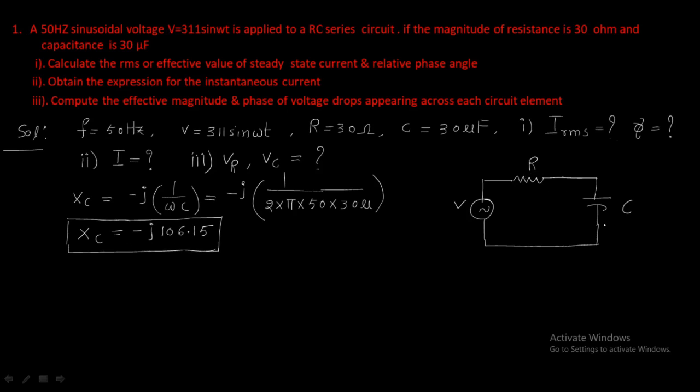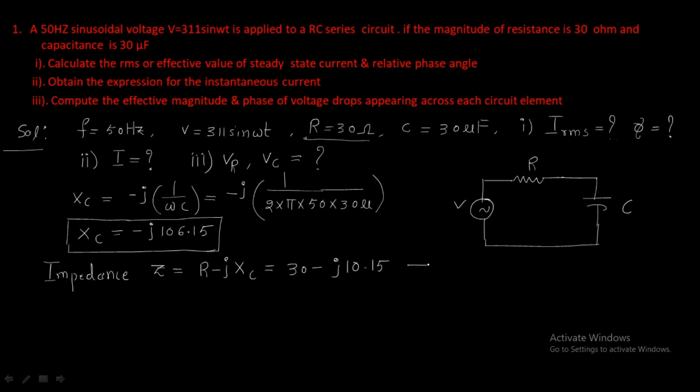This is a combination of resistance and capacitance. Impedance is nothing but the combination of resistance and reactance, so we can write Z equal to R minus jXC. Here the resistance is 30, so Z equal to 30 minus j 106.15.